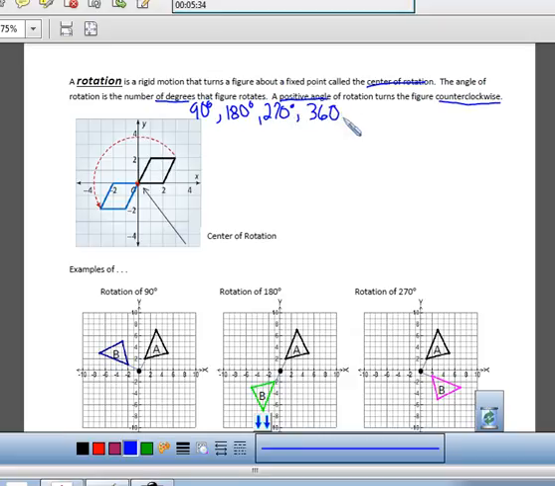There are obviously different rotations than these four, but these are the main four that you will see. And also I want to point out a positive angle rotation is counterclockwise, so a negative rotation is going to be clockwise.